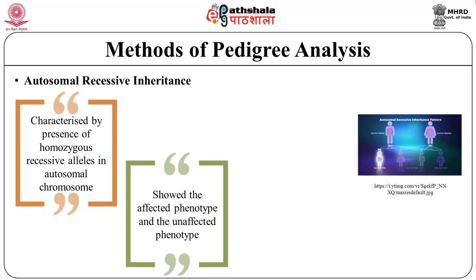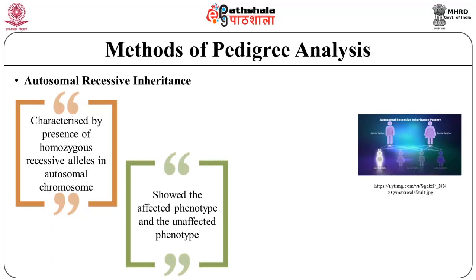Such affected phenotype appears in the progeny of unaffected parents, and both male and female progeny are affected equally. To conceive a recessive homozygote individual, both the parents must have the affected allele. The formation of an affected individual usually depends on the chance of union of heterozygote carriers.